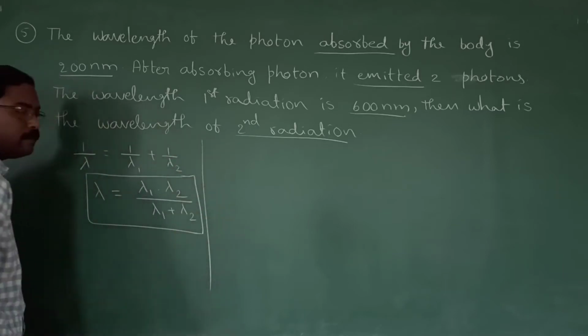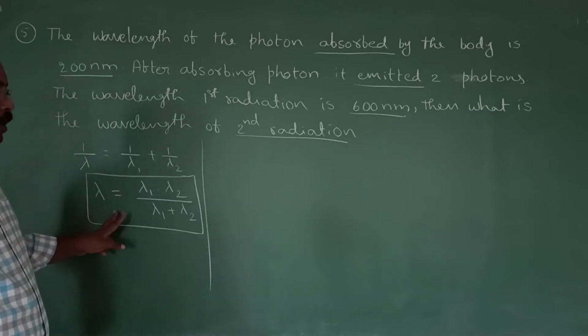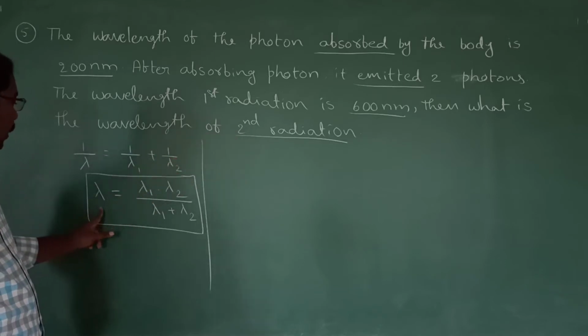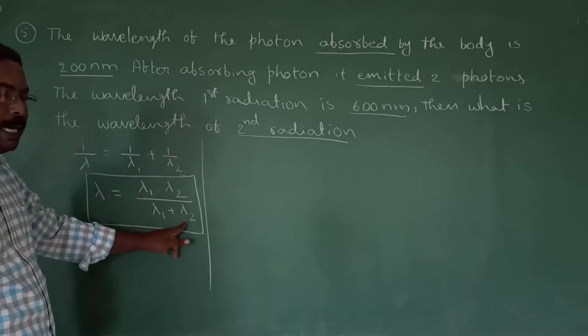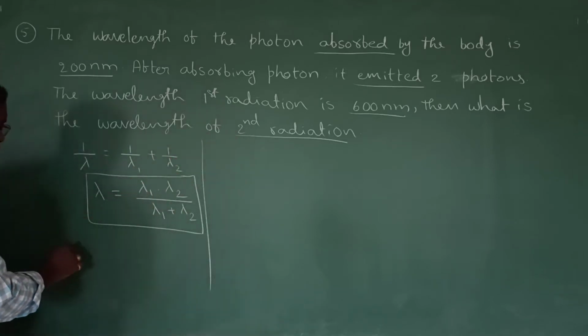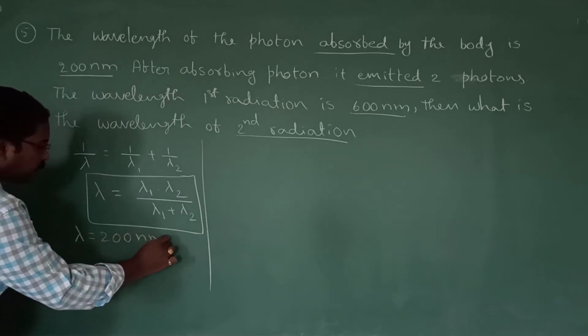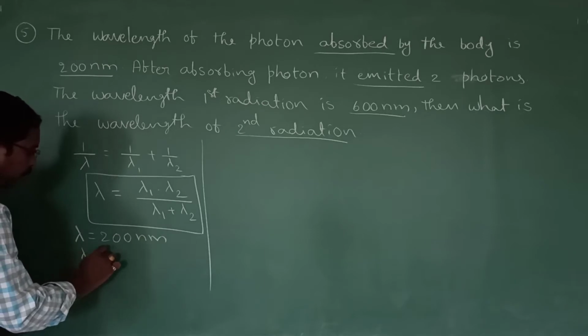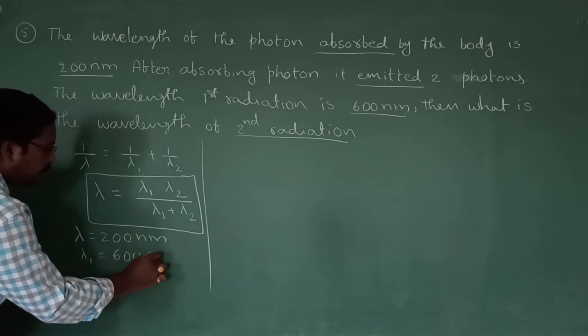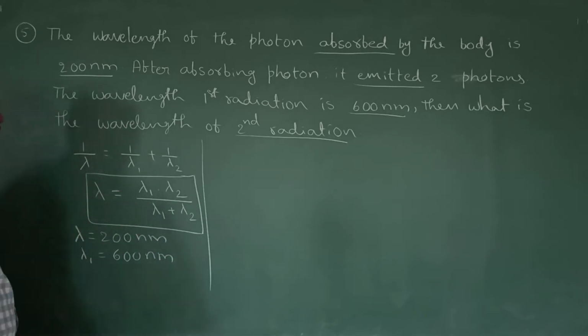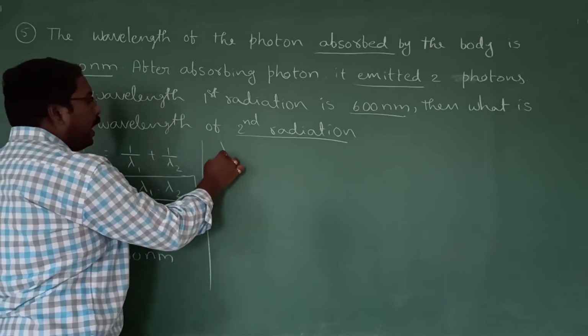Okay, right? Lambda value given, lambda 1 value given, but we need to find the lambda 2 value. Lambda value how much is given? 200 nanometers. Lambda 1 value is 600 nanometers. We need to find lambda 2.